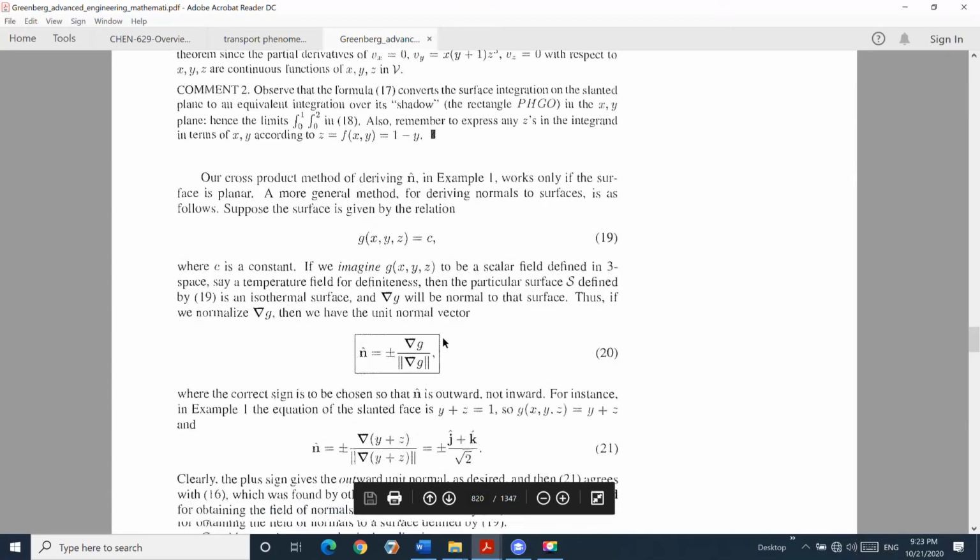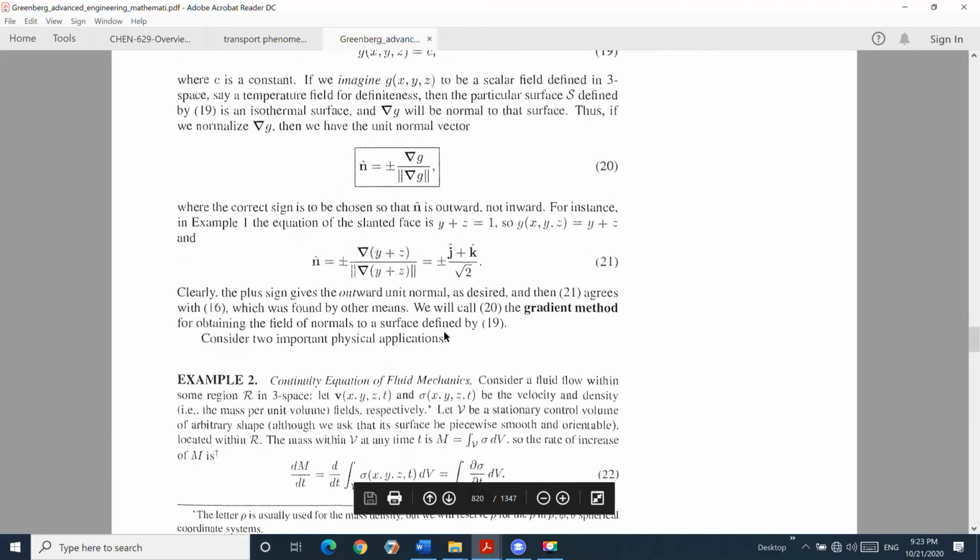Basically, why I'm doing this, I'm just going over all these chapters and the sections inside the chapters, to remind myself and you what you can find in this book.